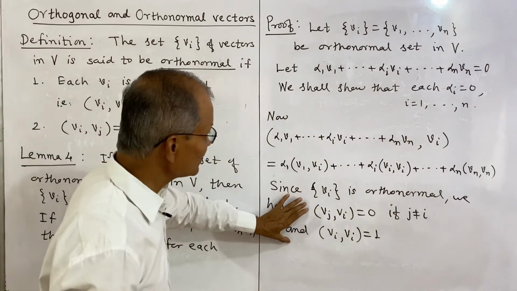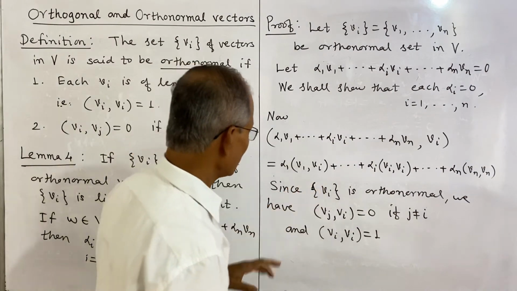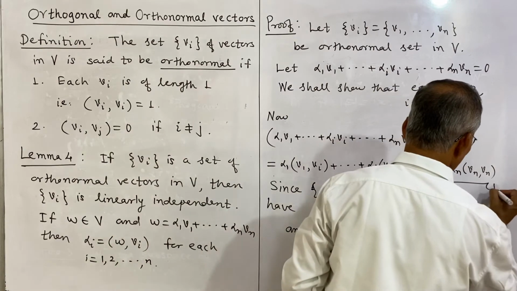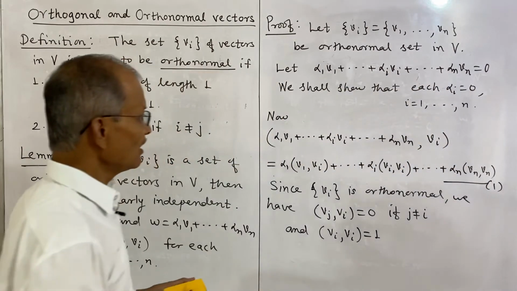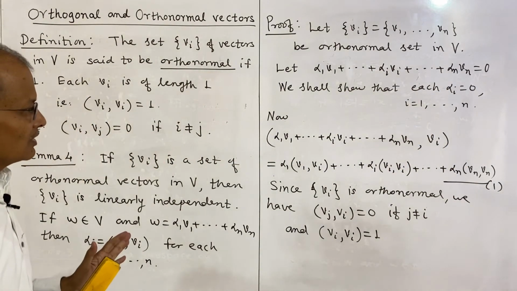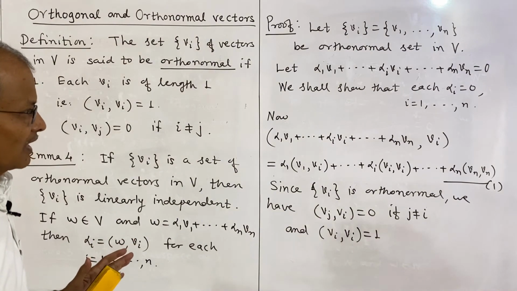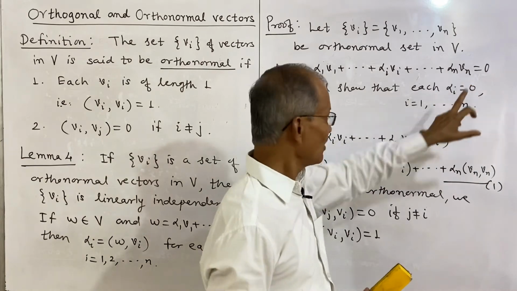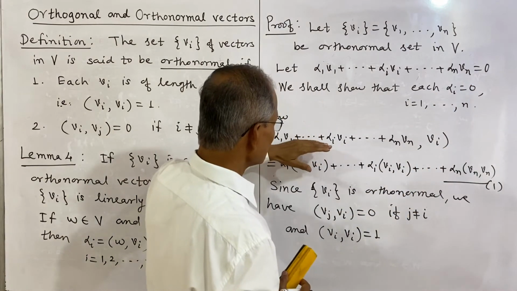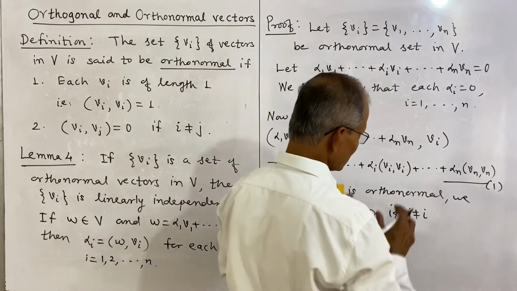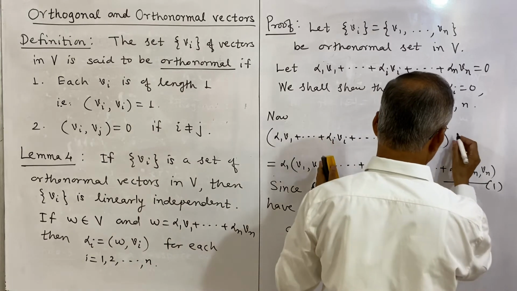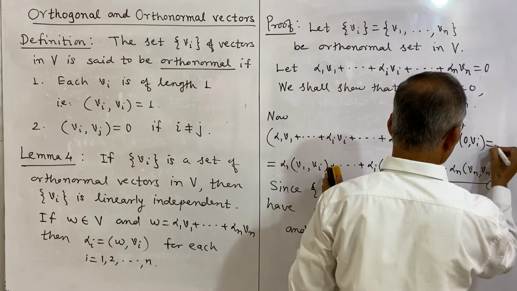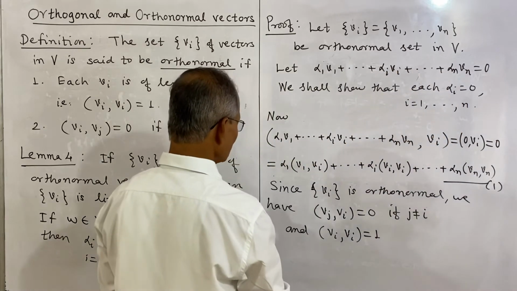Using this in the expression, this combination we have assumed to be 0, so its inner product with vi is the inner product of 0 and vi, which is 0.